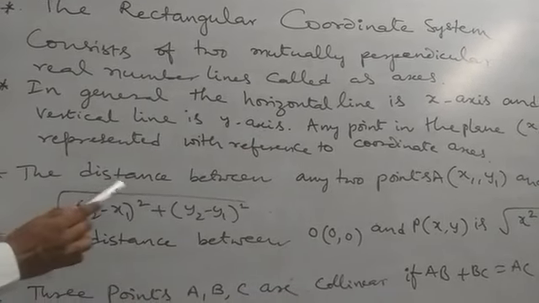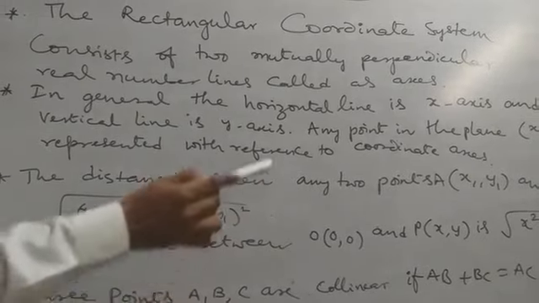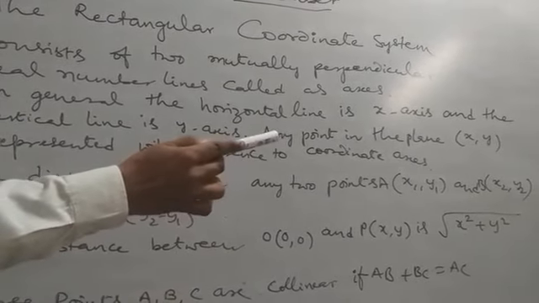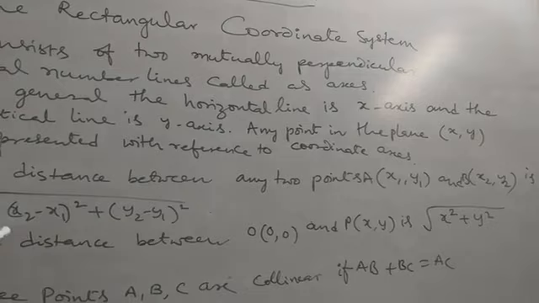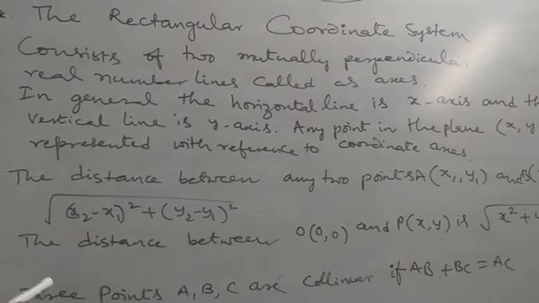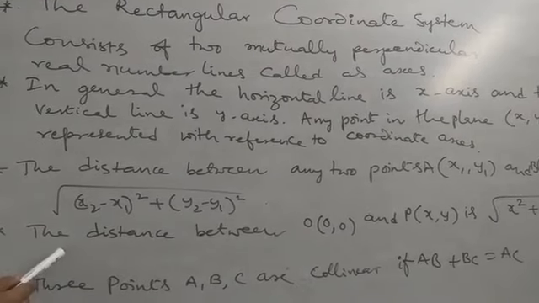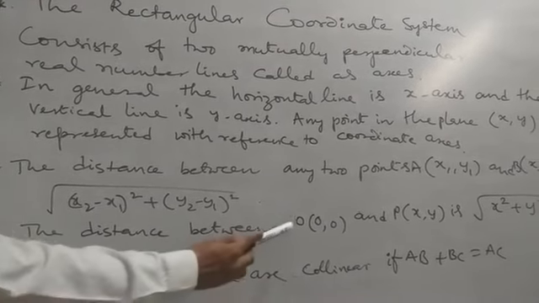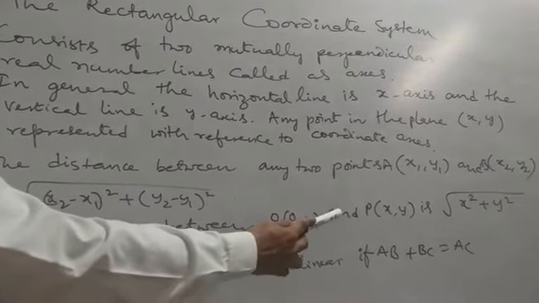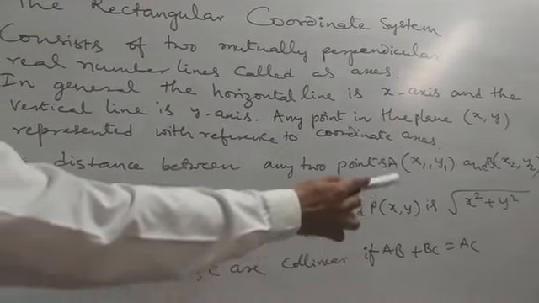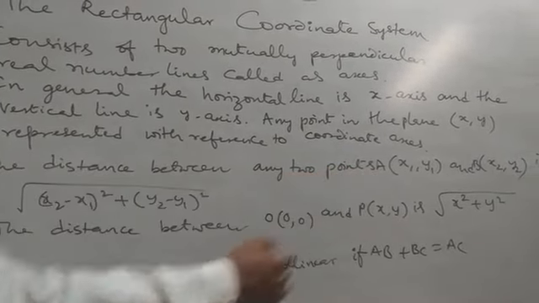The distance between any 2 points A (x1, y1) and B (x2, y2) is root of (x2 minus x1) whole square plus (y2 minus y1) whole square. The distance between the origin (0, 0) and P (x, y) is root of x square plus y square.